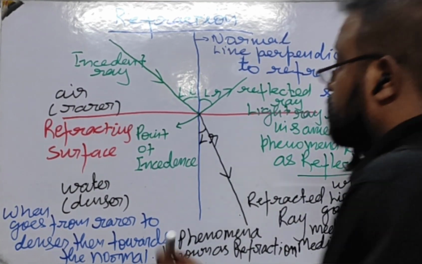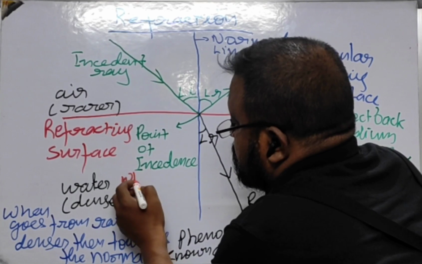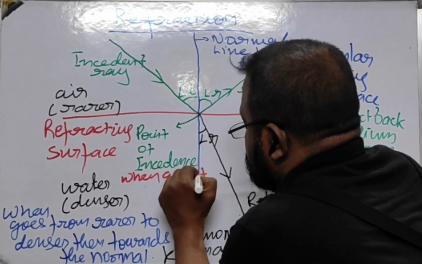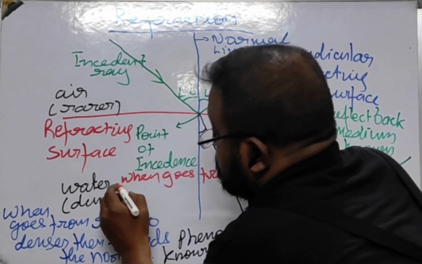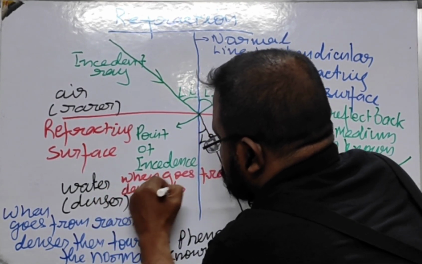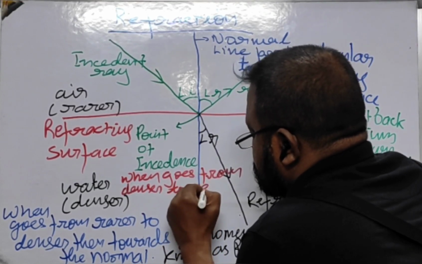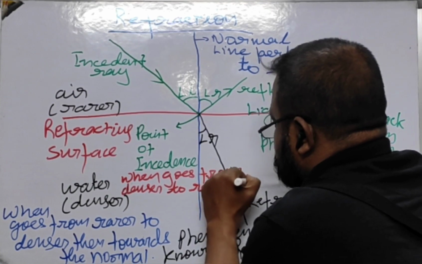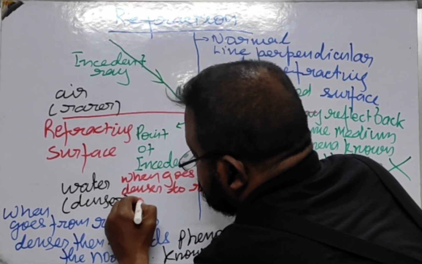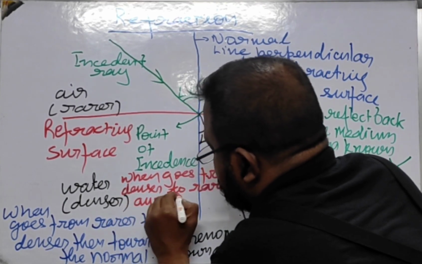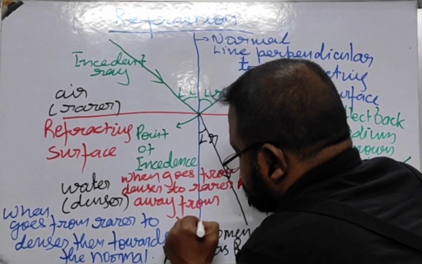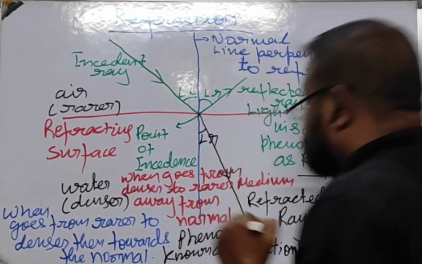And when it goes from denser to rarer medium, it bends away from the normal.